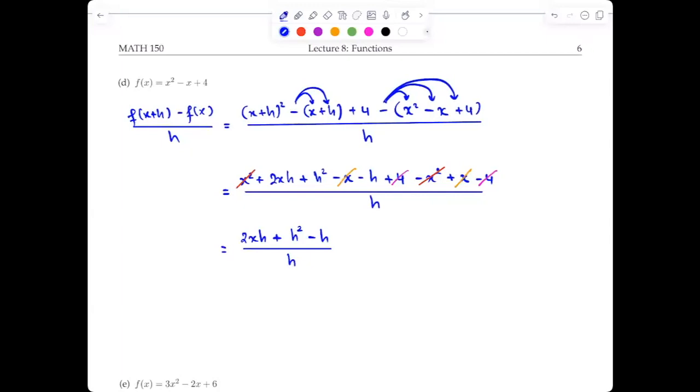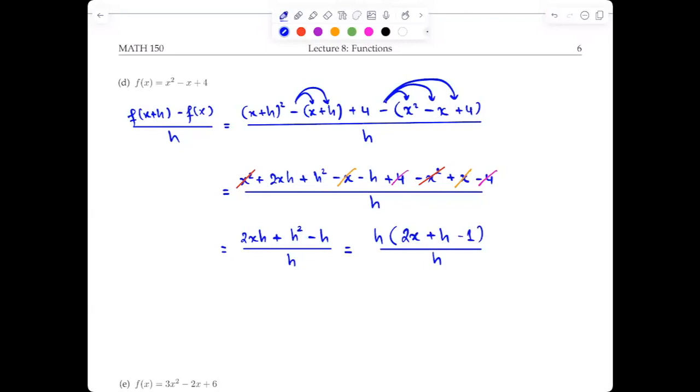Right. So on the numerator, you can see that all the three terms have h. So h is a common factor on the numerator. You can pull that out. You're left with 2x plus h minus 1 all together divided by h.